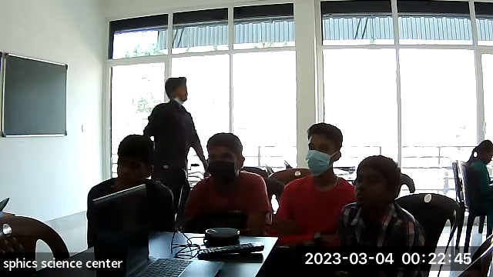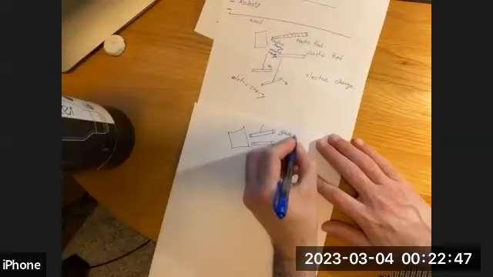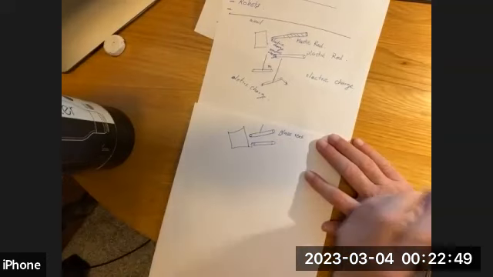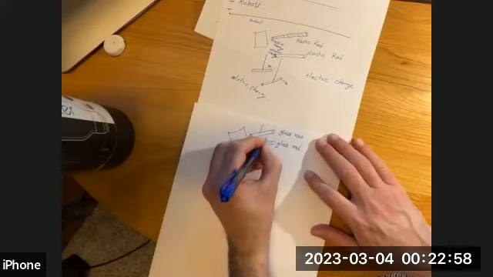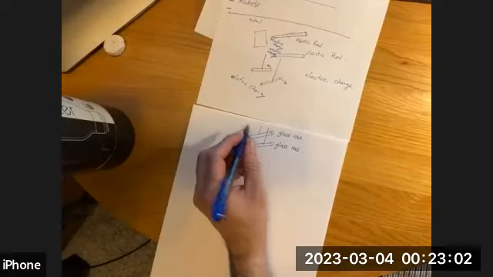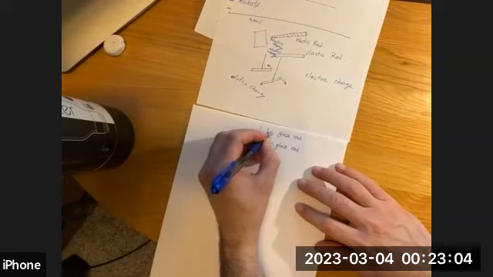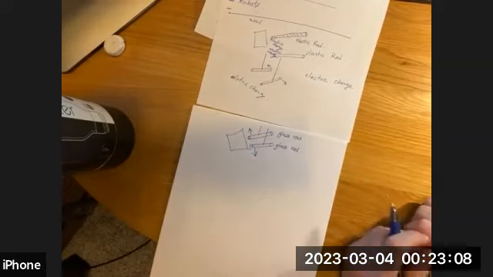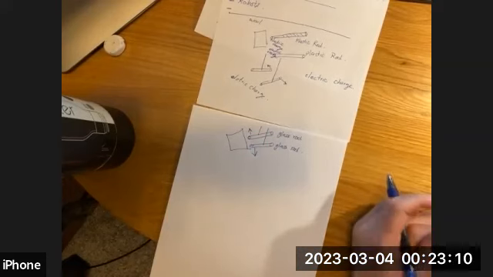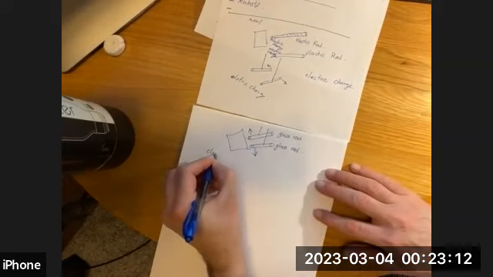This is a glass rod, and this is a glass rod, and both of them are rubbed with the cloth. And what happened? Exactly the same thing. The rods repelled each other. And the explanation was also electric charge.